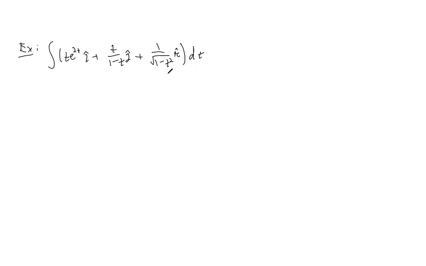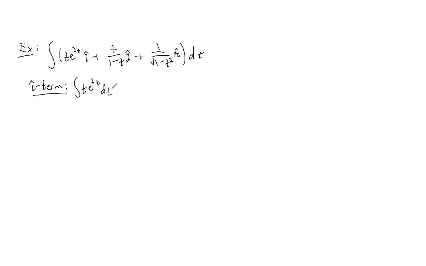Now, how might we go about doing this? Well, we've got a couple of options here. Again, let's go with each term individually. So the i term is going to be the integral of t e to the 2t.